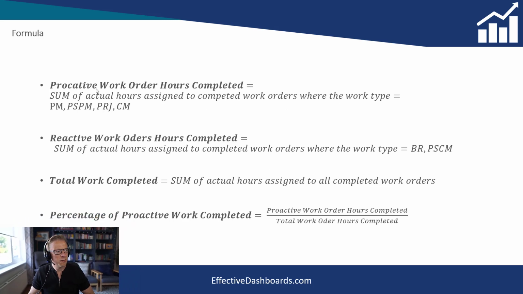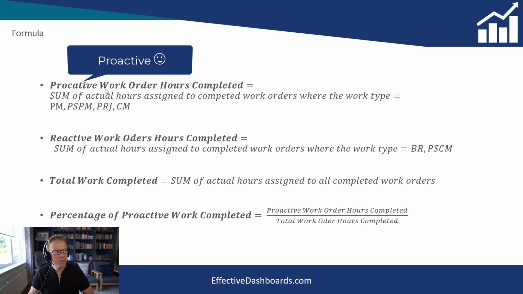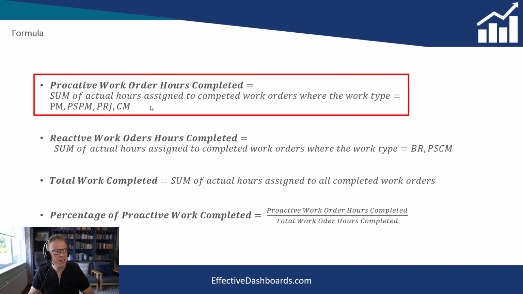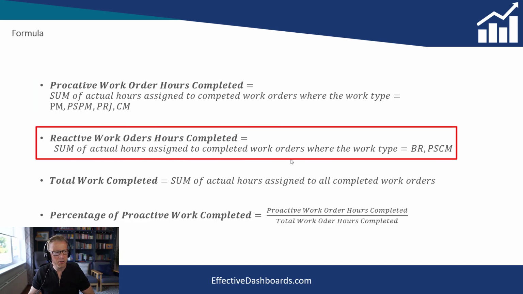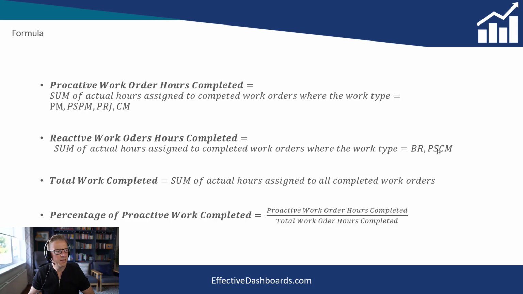Now, if we look at the actual formula or the calculation, it's fairly straightforward. Proactive work hours completed is the sum of all the work assigned to completed work orders where the work type is PM, PSPM, PRJ, or CM. Reactive work is the same: the sum of the actual hours against completed work orders that have a work type of BR and PSCM.